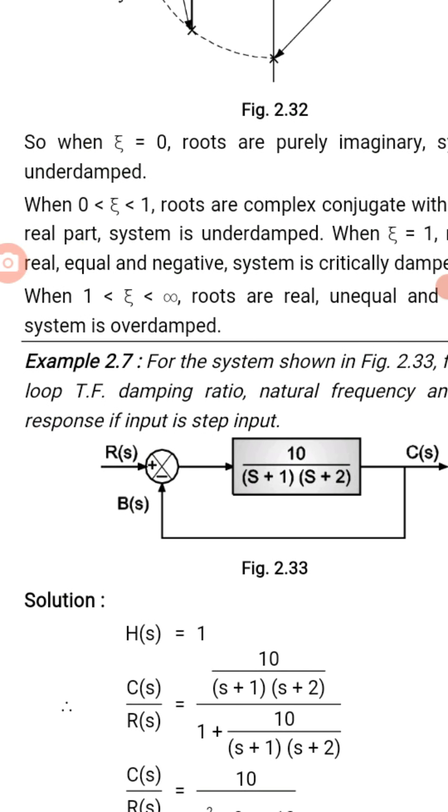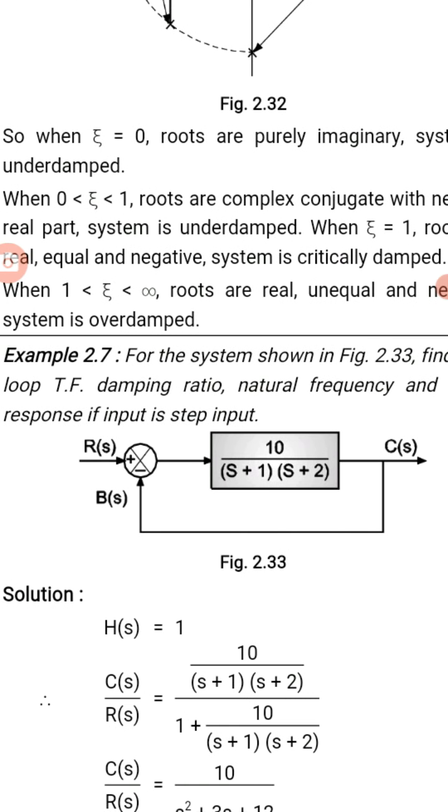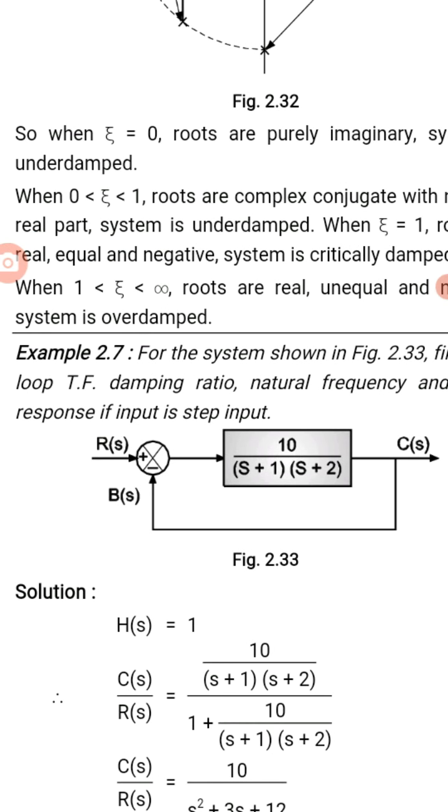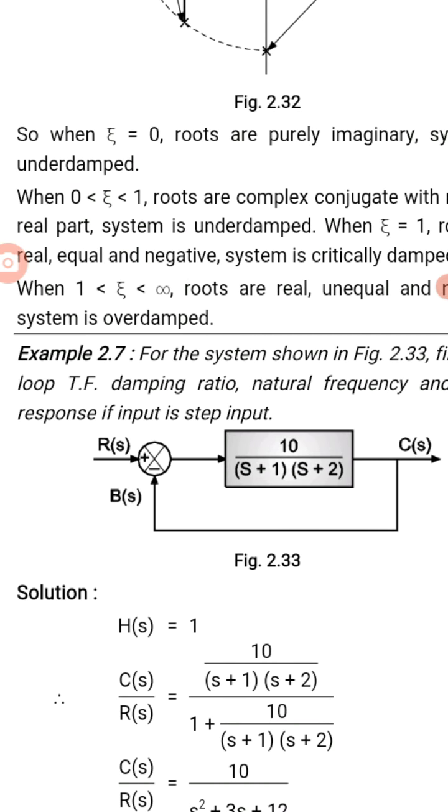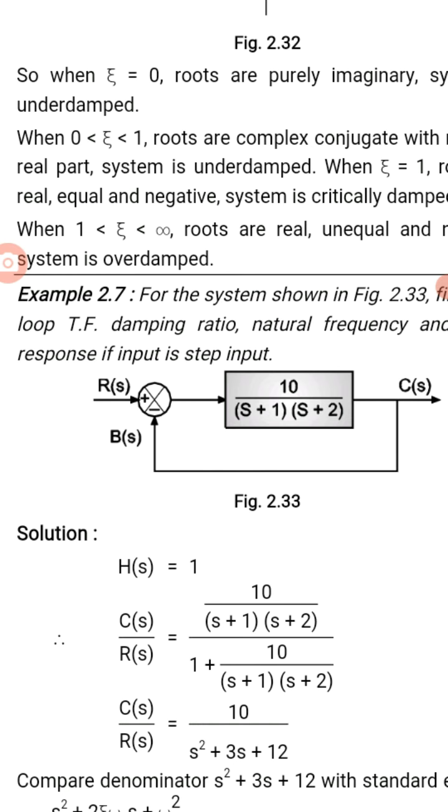Example 2.7: for the system shown in figure 2.33, find the closed loop transfer function, damping ratio, natural frequency and output response if the input is a step input. Under this point, second order system, we will learn the response of the system. As far as mathematical derivations are concerned, there is no requirement of derivations for overdamped, underdamped or critically damped oscillations.